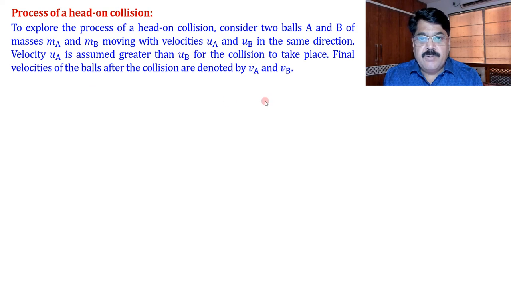So these are the notations we are making, and we'll use this standard notation throughout our course. Again, the velocities before the collision we represent by u, and velocities after collision we represent by v, and of which body by the subscript name for that body. And masses of the bodies are assumed mA and mB.